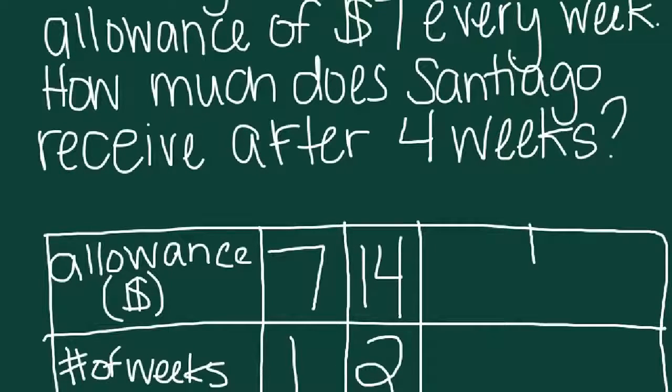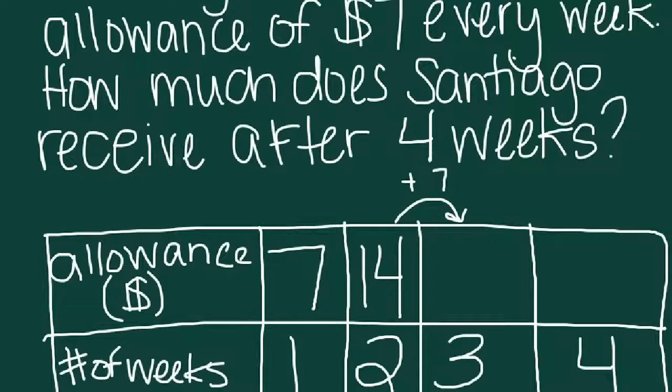Now we want to get to 4 weeks. I think our best bet is probably to go to 3 weeks next. If I make $14 after 2 weeks, I can add another 7 and get 21. Or I know I make $7 a week, and this is my 3rd week, so I can also do 7 times 3.